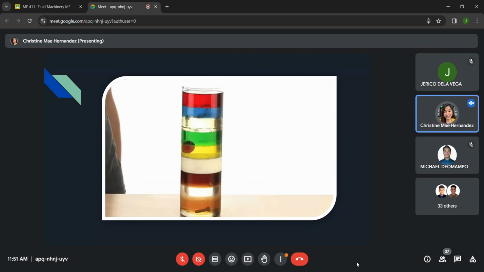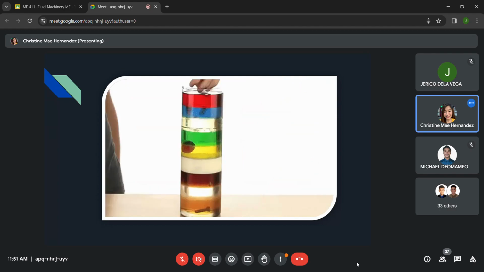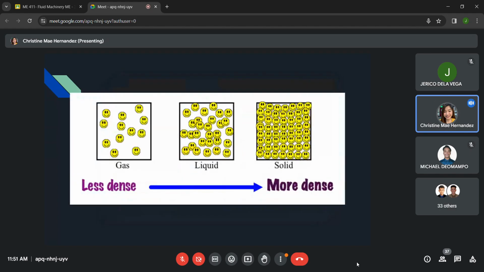So next slide, dito we differentiate, pinapakita niya yung mga molecules or particles, yung behavior if siya ba ay gas, liquid, or solid. It also illustrates the difference between molecules of gas, liquid, or solid state.